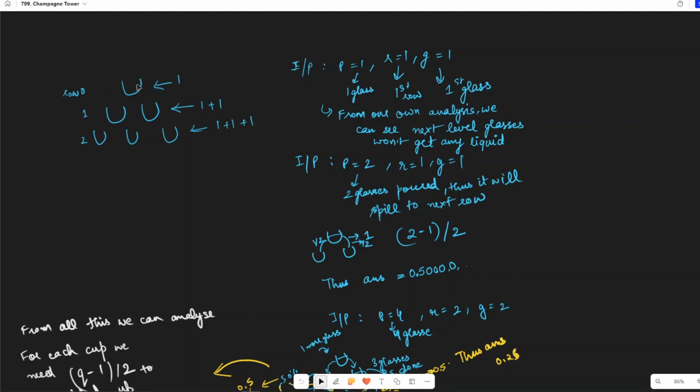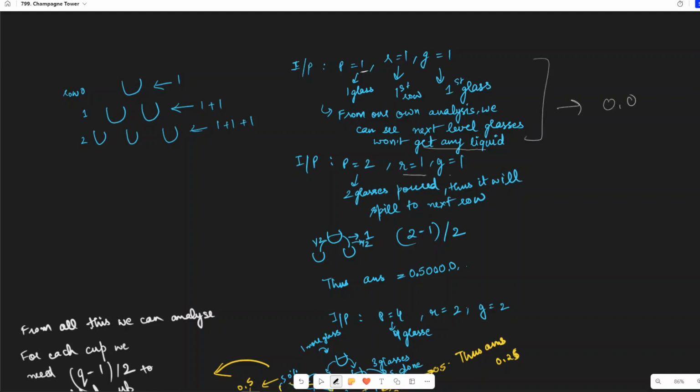But if there is something excess, then equally, basically half of that would be poured here and half of that would be poured here. Now from our own analysis, we can see that the next glass won't get any liquid when pour is equal to 1. So that's why here the answer would be completely 0.